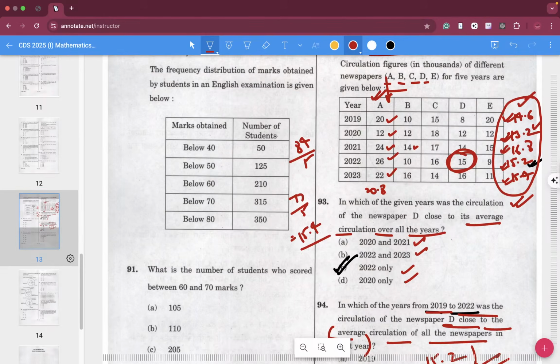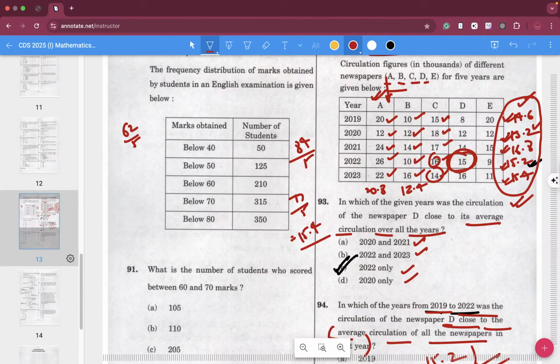Now over here, 14 plus 16 is 30, 40, 50, 62. 62 by 5 is 12.4. So the average of B is 12.4. And similarly you have to calculate the rest.